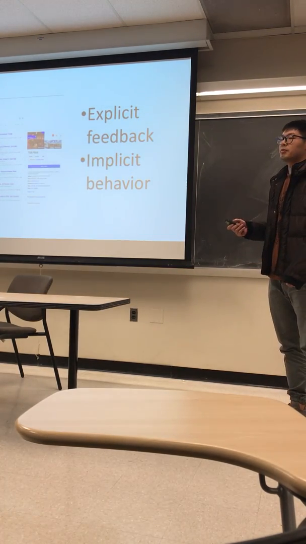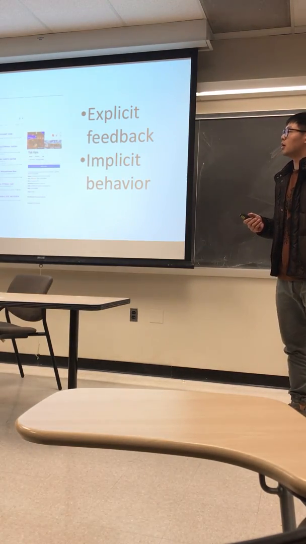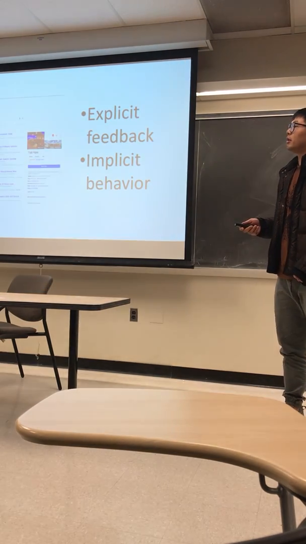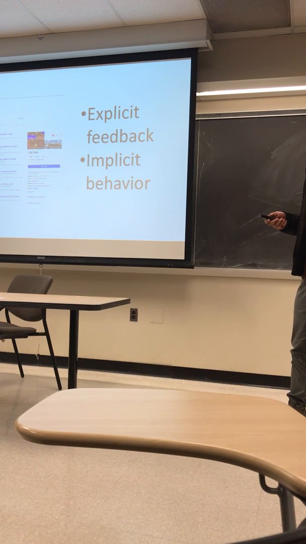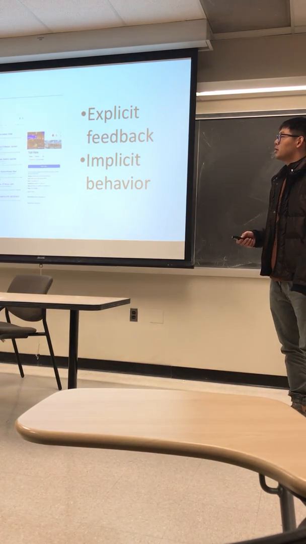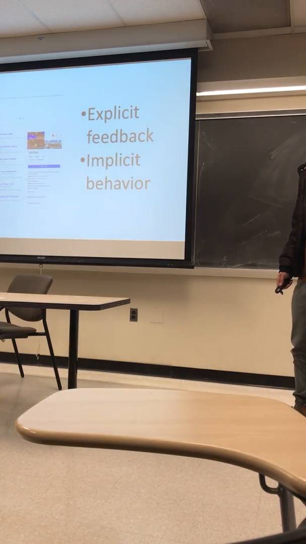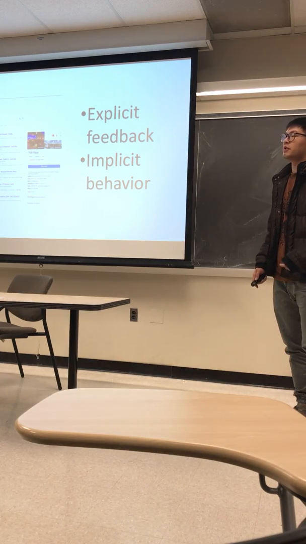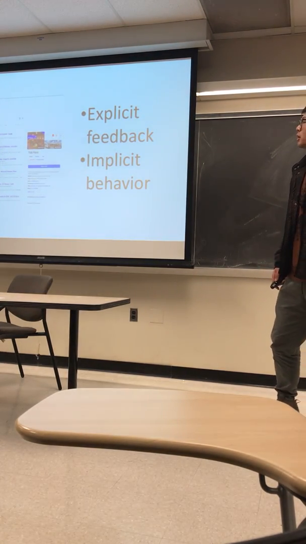But the problem is that not everyone loves to give feedback, so the data set is going to be very sparse. And also everyone's standard of rating is different. Like for me, 4 stars is quite good, but for others, if it's not 5, it's not good.